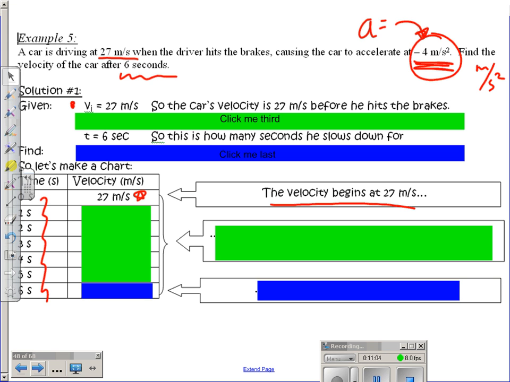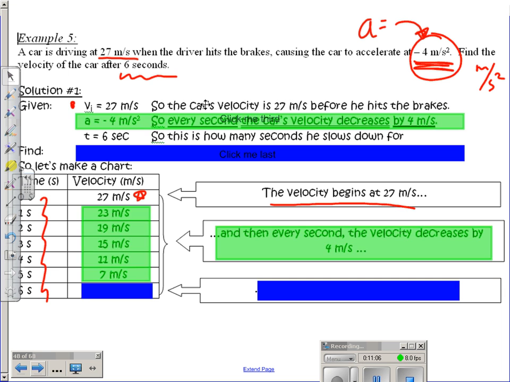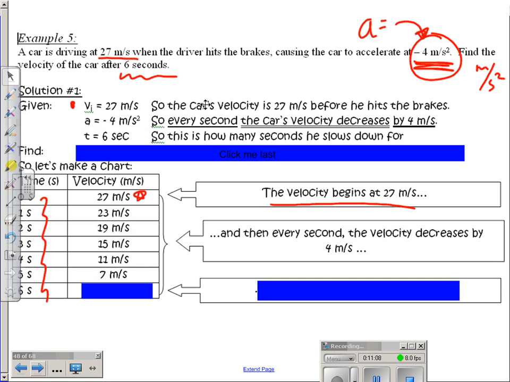Okay, so we also know the acceleration. It's -4 meters per second squared, right? Which means this. It means every second the velocity decreases by 4 meters per second. That's what the acceleration tells us. The acceleration tells us this information here. Every second the velocity decreases by 4. So look what I did.